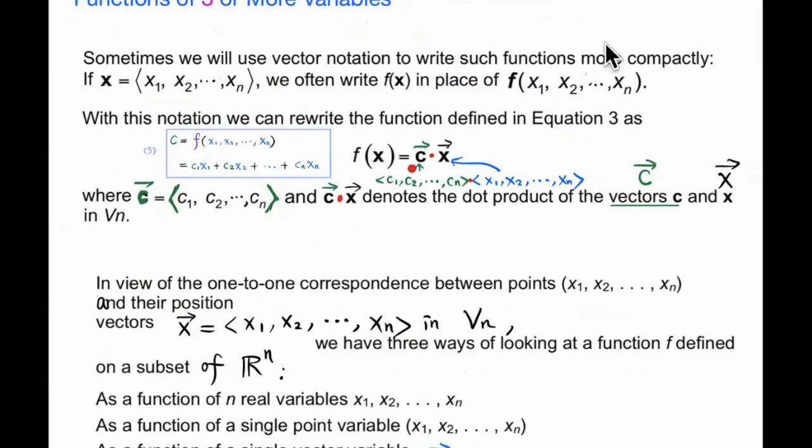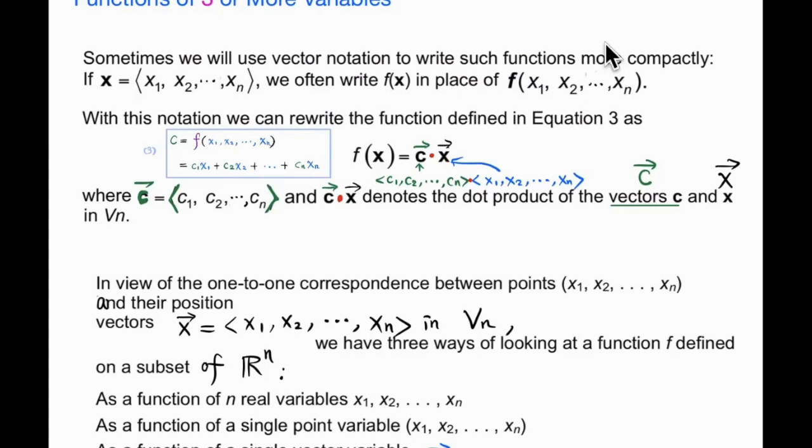We can write that as the dot product of two vectors. The first vector c has n components, c1 all the way to cn. And then the x vector also has n components, x1, x2, all the way to xn.